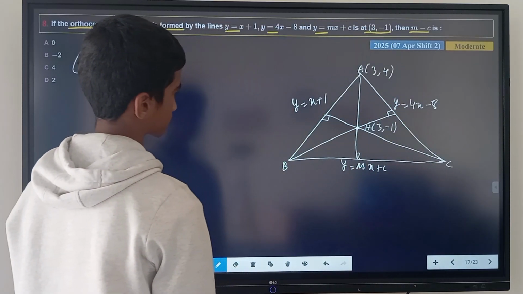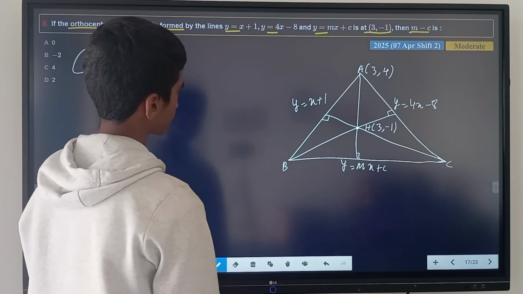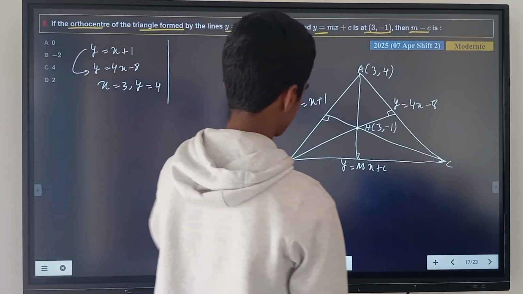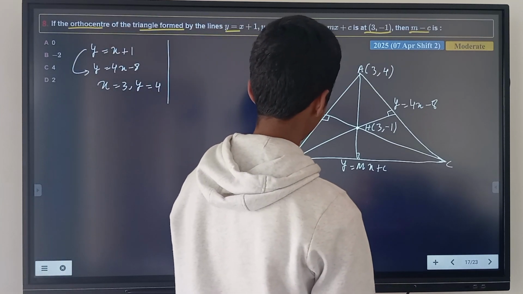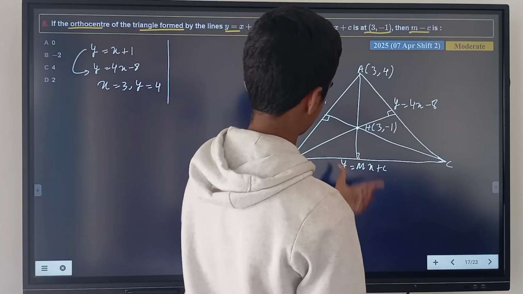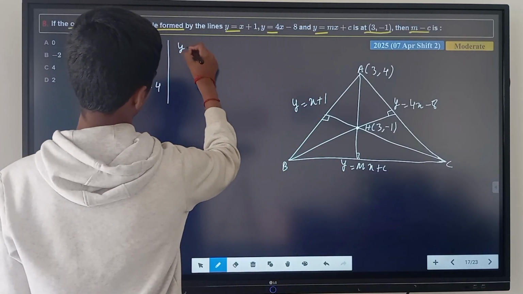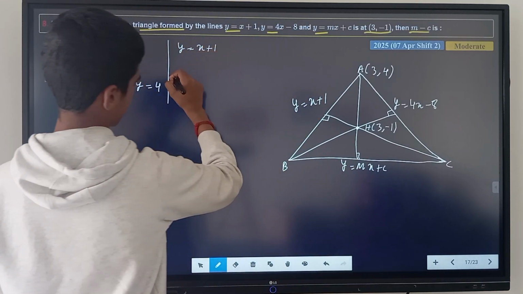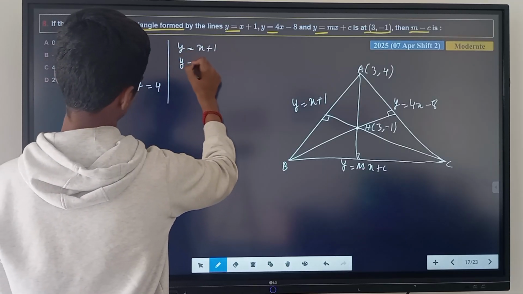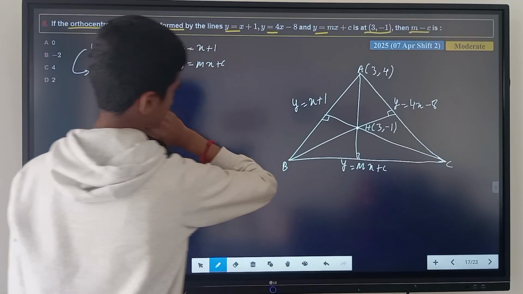Now let's find point B, which we will find from the intersection of these two lines. y is equal to x plus 1 and y is equal to mx plus c.